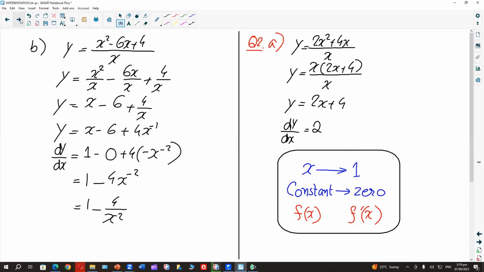Now, after simplifying, I have cancellation. I have brought x up. It will become x power minus 1, and then I have differentiated it.